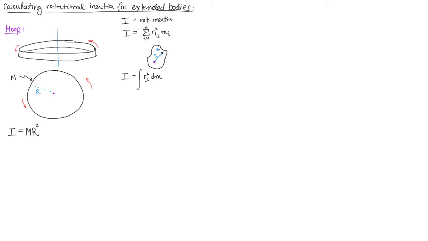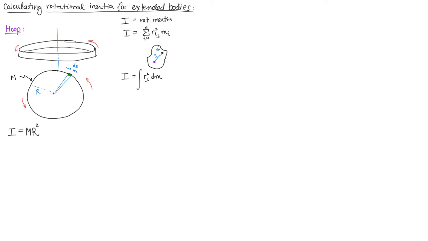So for this, let's consider a small chunk of mass, which I'll highlight in green, just this little stretch of mass right here. That little stretch of mass has a length, which I'll call ds. S is like a little arc length, and ds is a little infinitesimally short arc length.